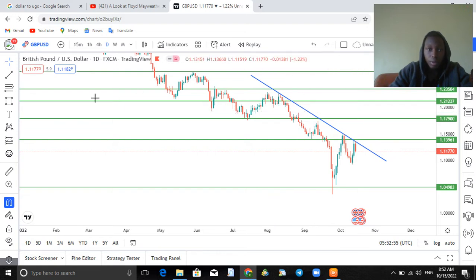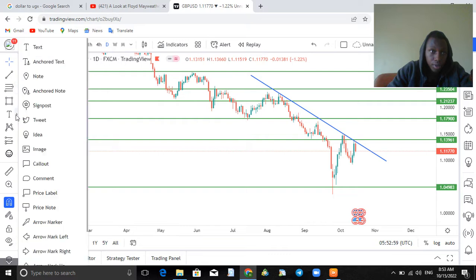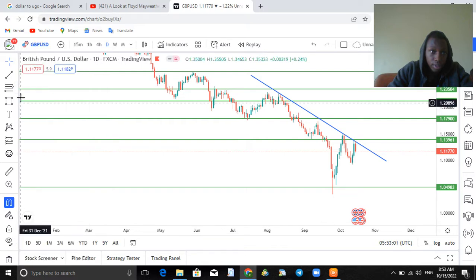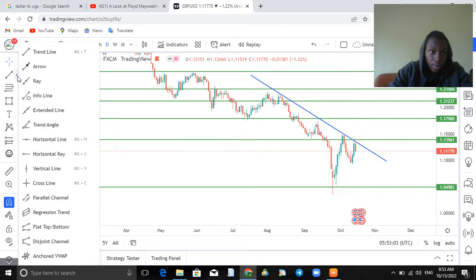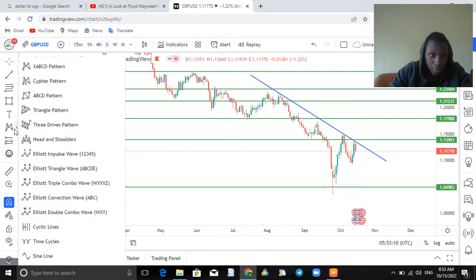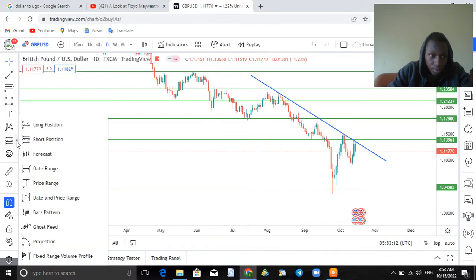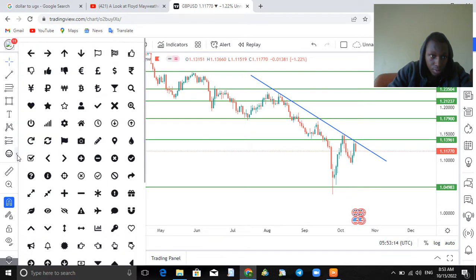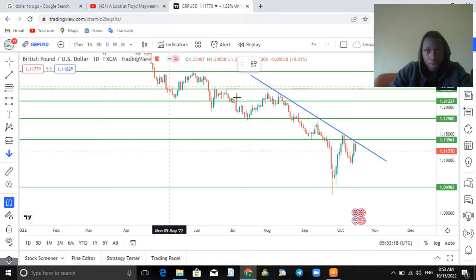Okay, let me use these arrows because we want to indicate our first touch, second touch, and third touch. I think let me use this.